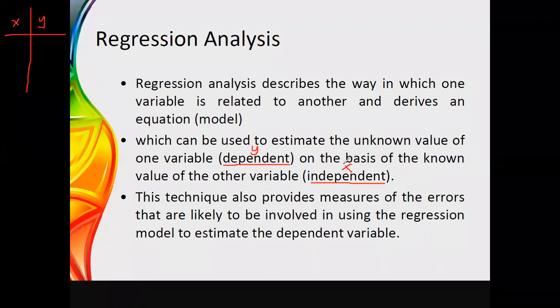We obtain an equation form for the regression. We get the relationship among the set of variables in the form of an equation, and we can use this equation to estimate the dependent variable for a given value of the independent variable.